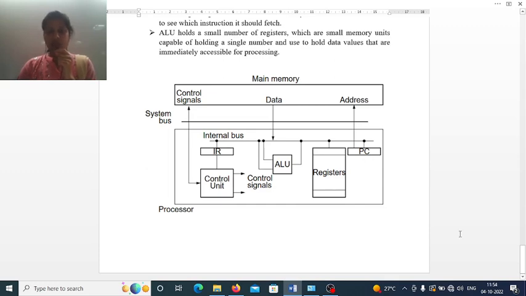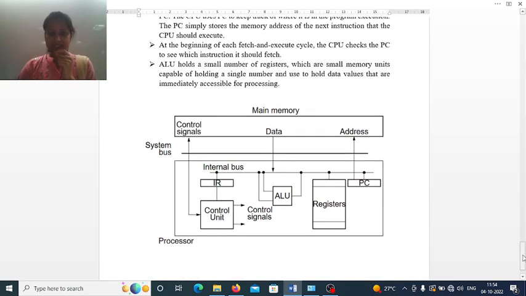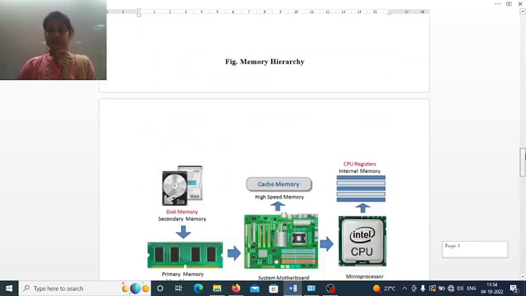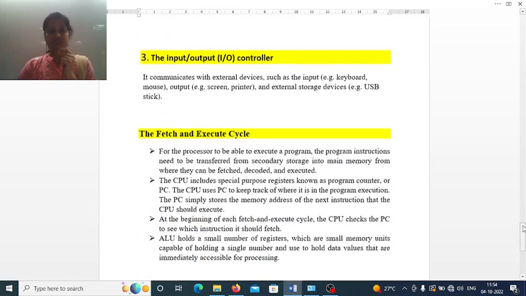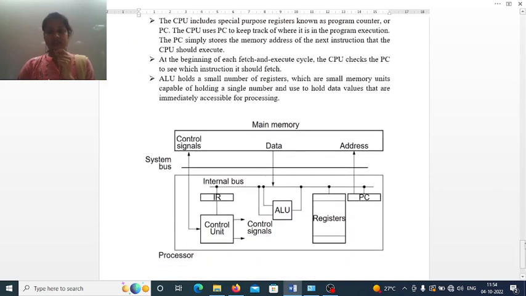In this way, all the instructions will get executed in cycles, and after all the instructions are executed, we can say that the whole program is executed. So this is about how the internal structure of the computer is organized and how the instruction is executed through the CPU.